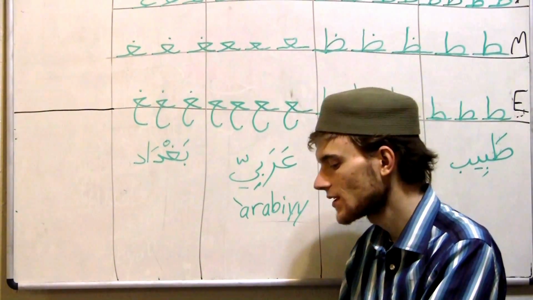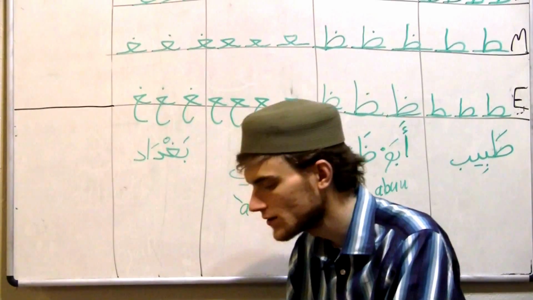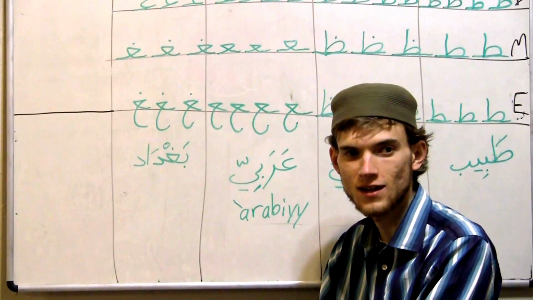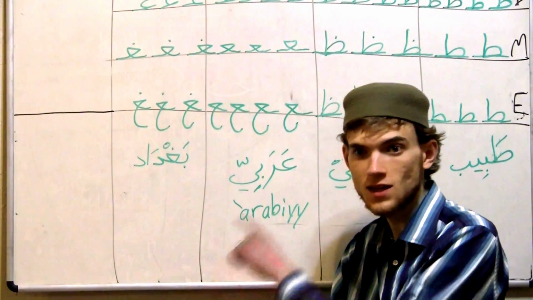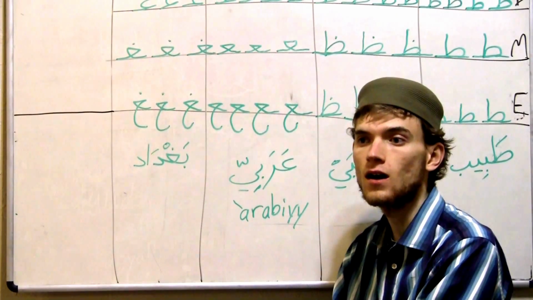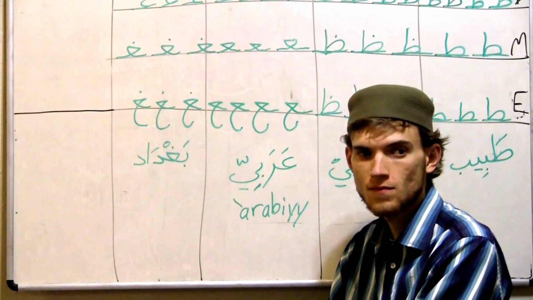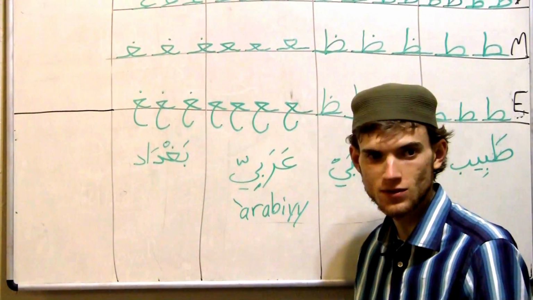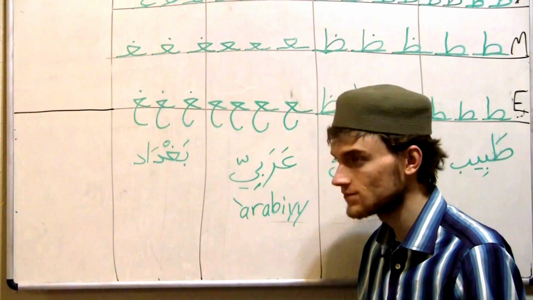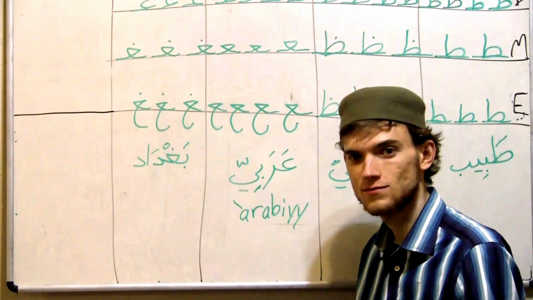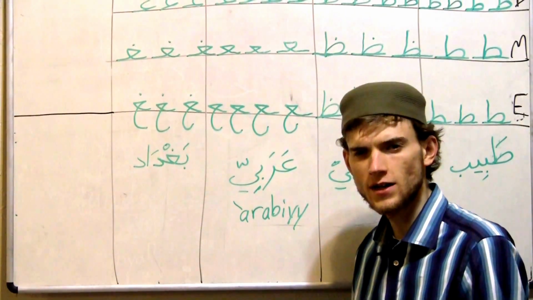Right. Capital of Al-Iraq. Now, notice that in Arabic too, Iraq begins with an ʿayn. Al-Iraq. Now I'm not going to write that because we haven't learned all the letters in that word, but that's how it is. Okay. Any questions about this?